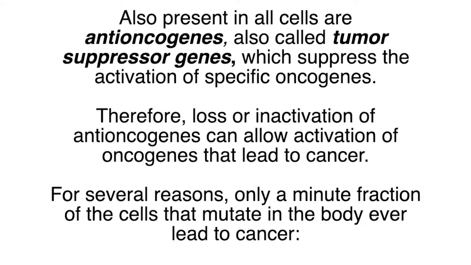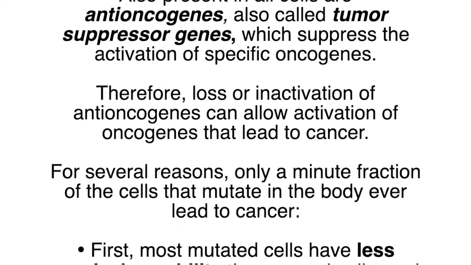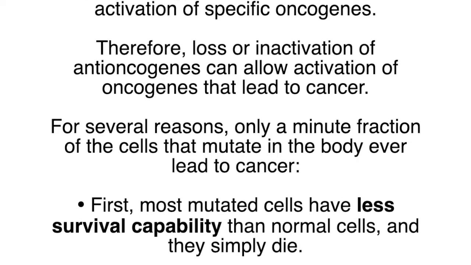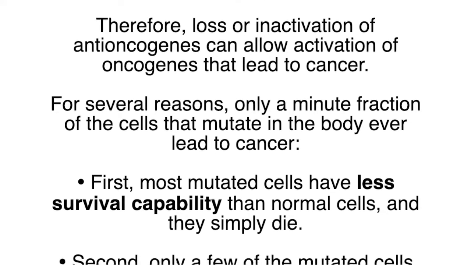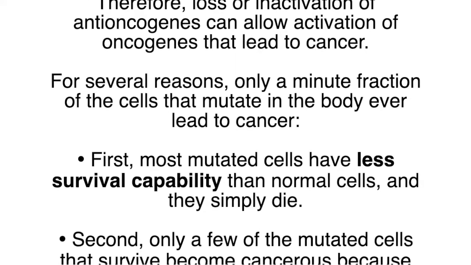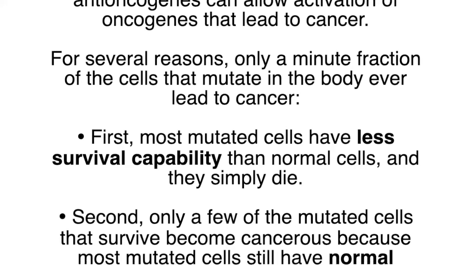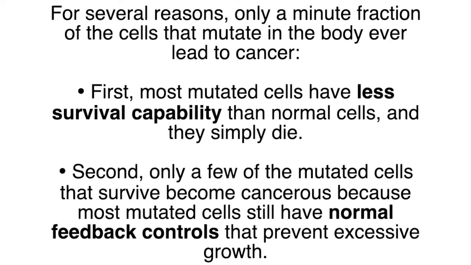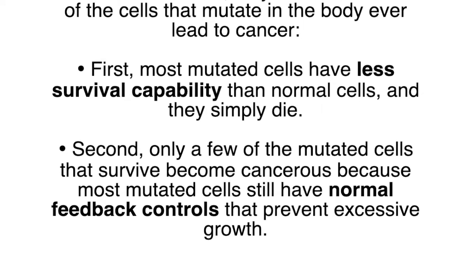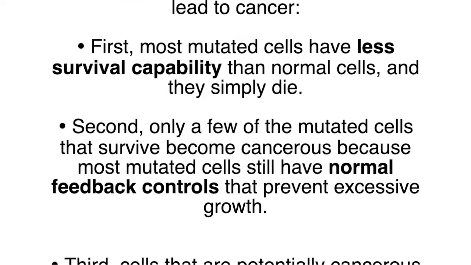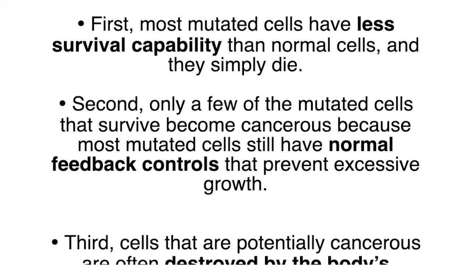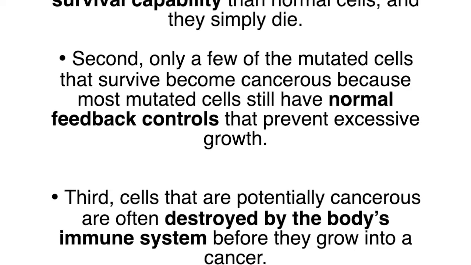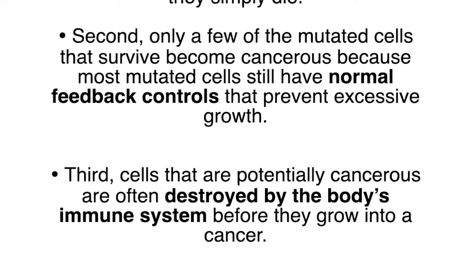For several reasons, only a minute fraction of the cells that mutate in the body ever lead to cancer. First, most mutated cells have less survival capability than normal cells and they simply die. Second, only a few of the mutated cells that survive become cancers because most mutated cells still have normal feedback controls that prevent excessive growth.